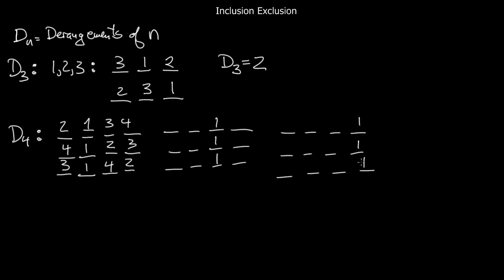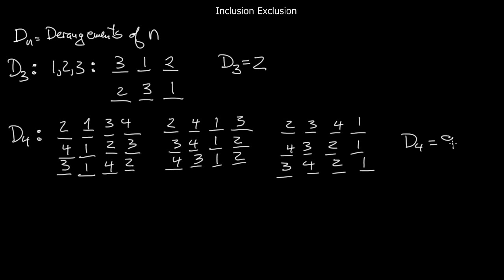In this second column, there are 3 different places to put the 3 in this setting. And once I've put the 1 in the 3, then the 2 and the 4 are forced. And similarly here, I have 3 different places I can put the 4. And so d4 is equal to 9.